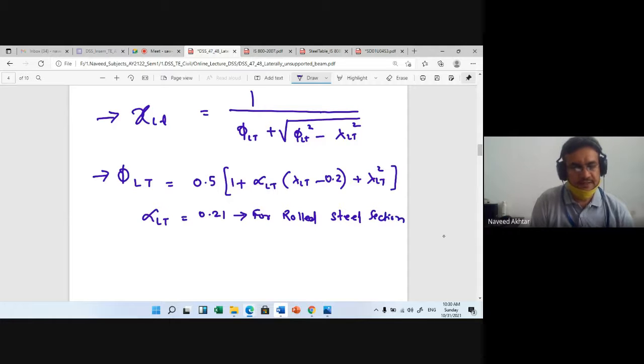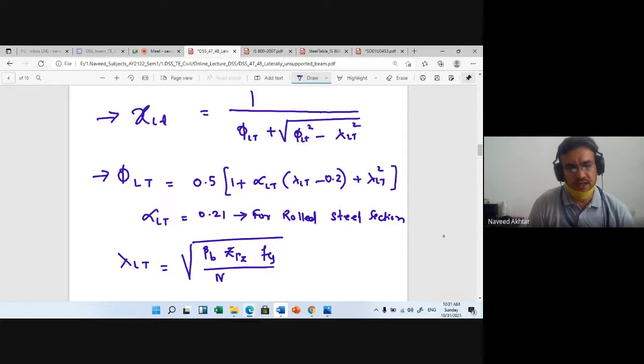Now how can you find out this lambda LT? So lambda LT is nothing but under root of beta B Zp Fy upon MCR, and that value you have to find out.